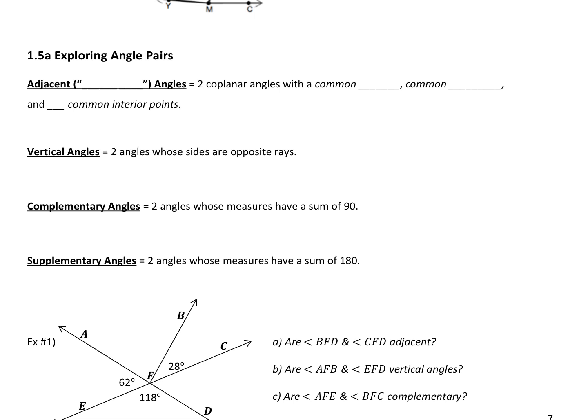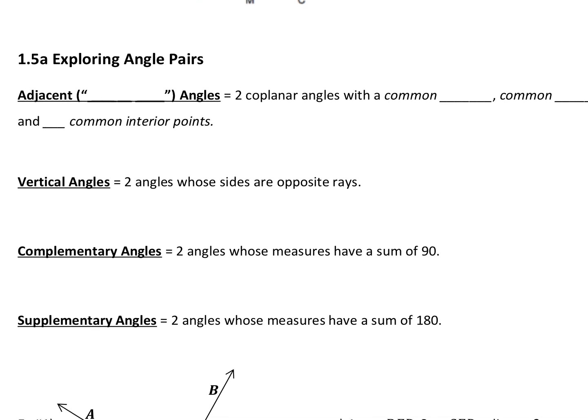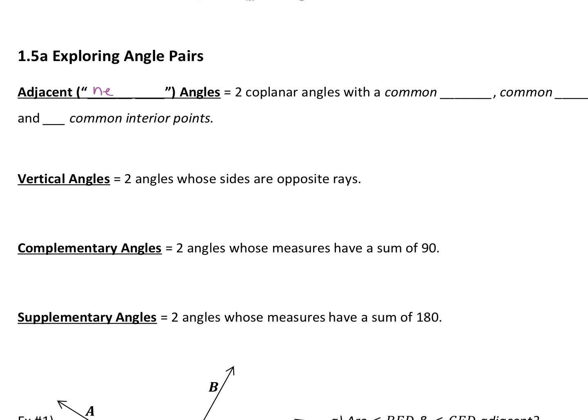If I say Dakota is adjacent to Cadence, next to, okay? So when you hear the word adjacent, I want you to think next to, okay? Those are angles that are next to each other.